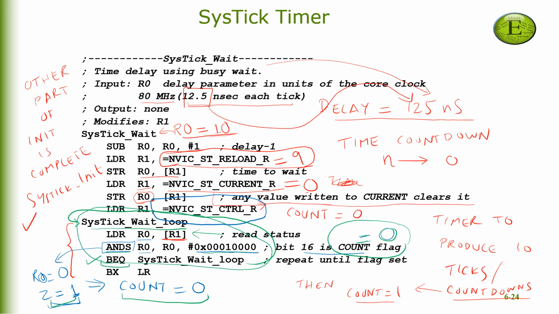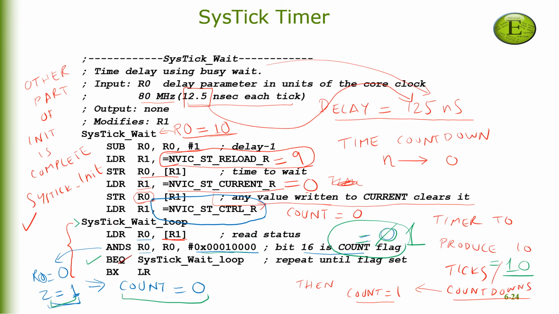So the moment the timer has counted all the way from 9 to 0, that is when the 10 ticks are complete. When the 10 ticks are complete, the count flag is set equal to 1, and then the branch instruction will not be executed. And we exit.